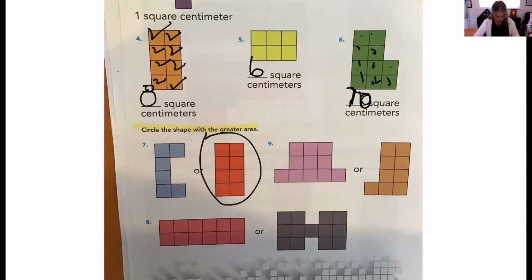Number 8, which is below, guys. The red and the black one. Which one's the bigger area? You circle what you think is the greater area. Greater means bigger. Circle it. I'll wait for you.